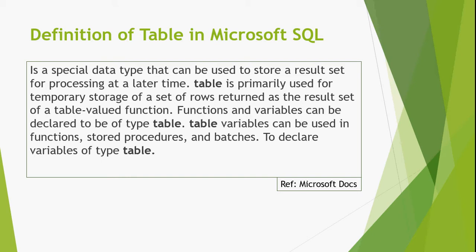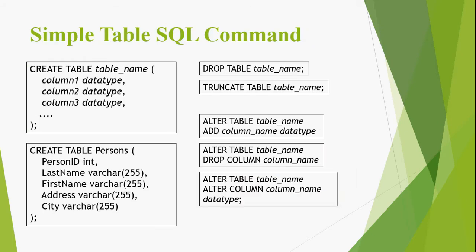So, the simple table SQL command: this command is create table, table name, column name, and data type. For example, create table person, ID integer, last name varchar 255 length, first name varchar 255 length, etc.